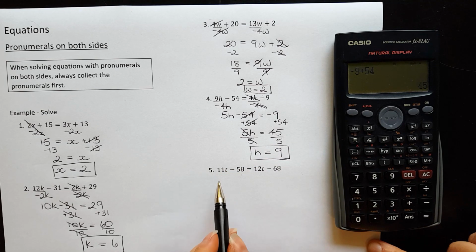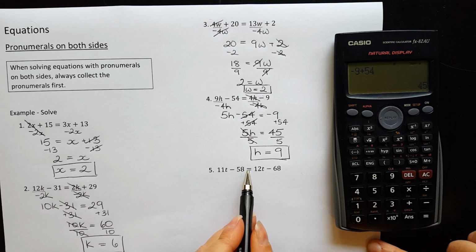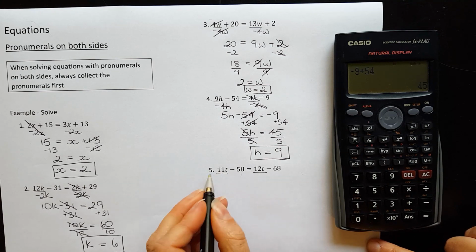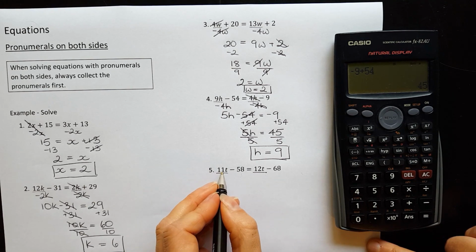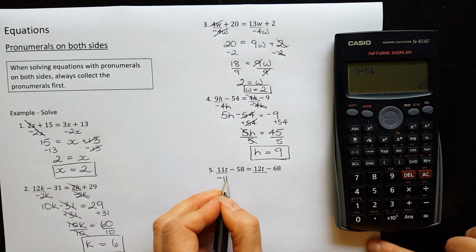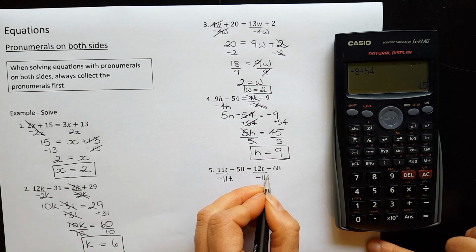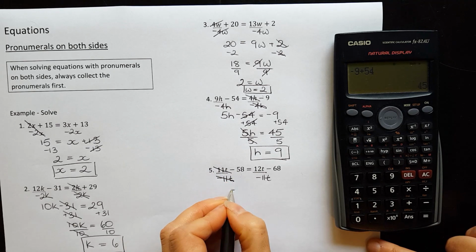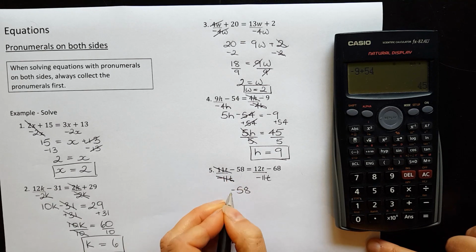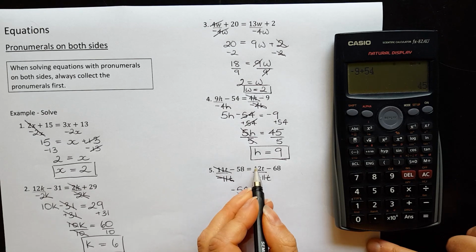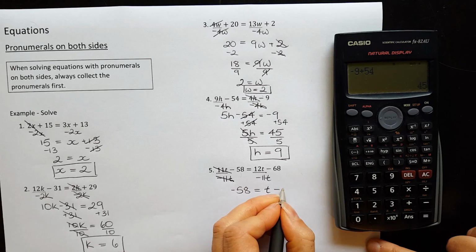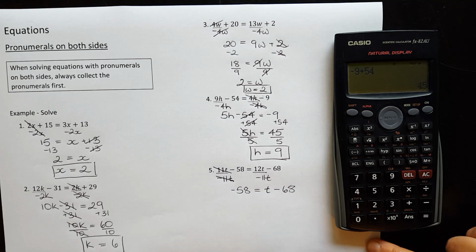Question 5. 11t minus 58 equals 12t minus 68. So the smaller t term, we have 11t and 12t. This one's smaller, so let's subtract 11t from both sides. That leaves a minus 58. You need to include that minus sign. 12 minus 11 makes 1t, or just t, minus 68.